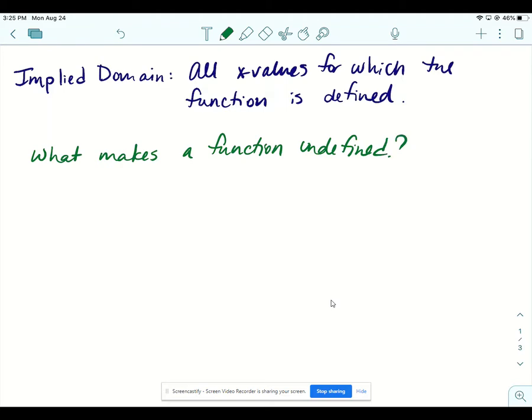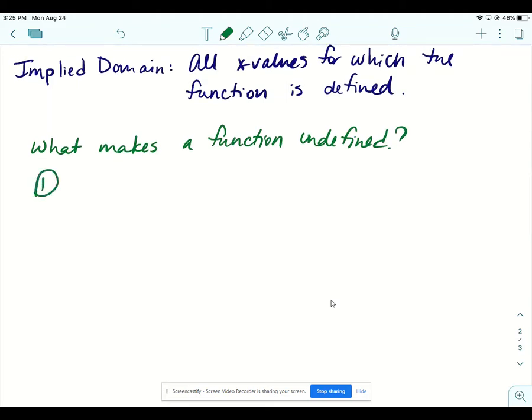It might seem like there's a whole lot of answers, but there are only 2 things that make a function undefined. So 2 things that are illegal to do. One of those things is dividing by 0. We talked about that a little bit when we were doing the rational equations. The other thing, for domain, we're only talking about real numbers. So something that makes a number unreal or imaginary also makes a function undefined.